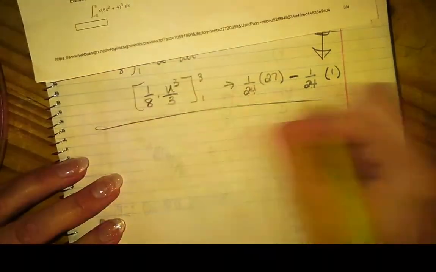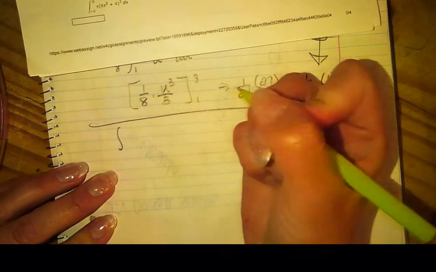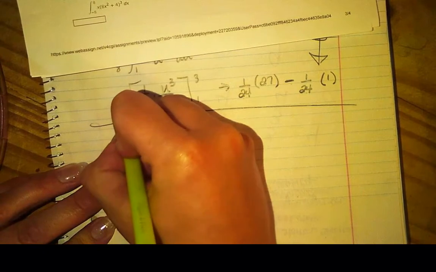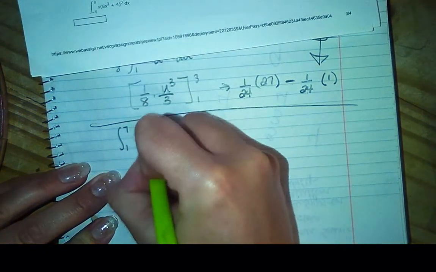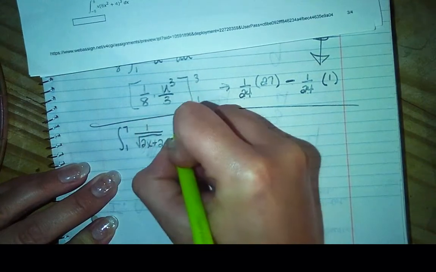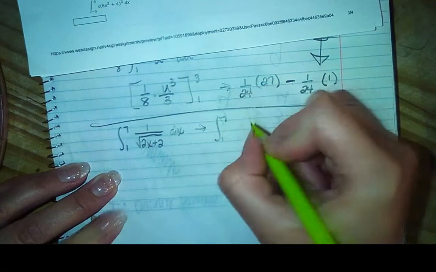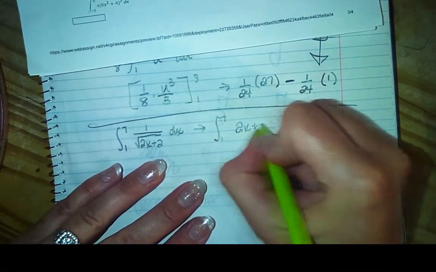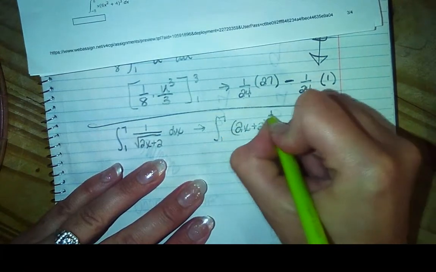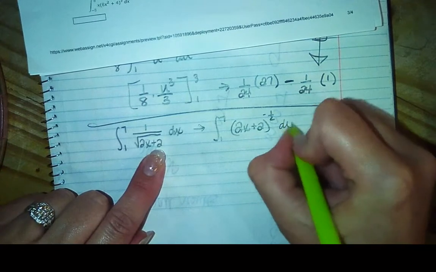Okay. So my first one is going to be from 1 to 7 of 1 over the square root of 2x plus 2 dx. And I'm going to rewrite that as the integral from 1 to 7 of 2x plus 2 to the 1/2 power, but I brought it up top, so it's negative dx.